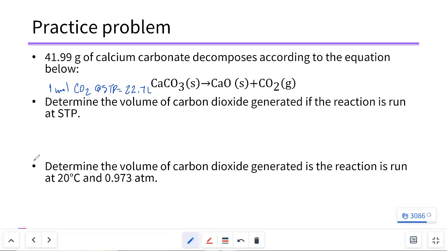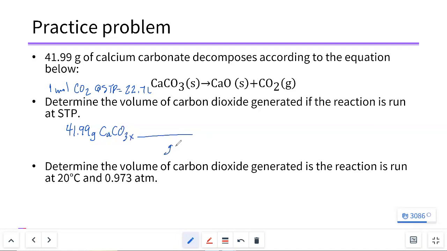So if I'm at STP, the process is actually pretty easy. I don't actually need to use the ideal gas law because I can use this relationship to bridge between moles and liters using this Avogadro relationship. So my calculation here resembles just normal stoichiometry.